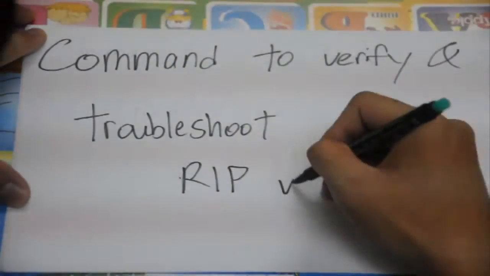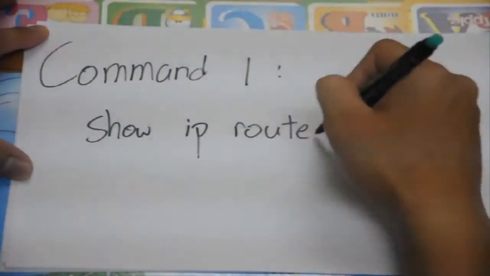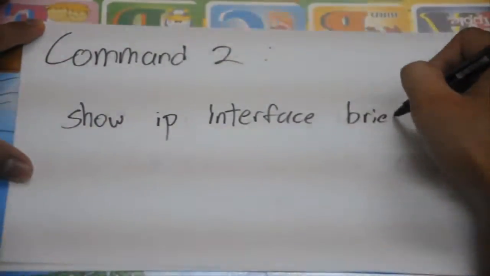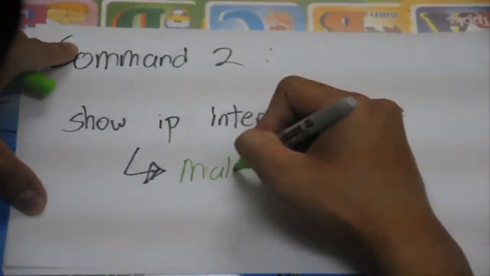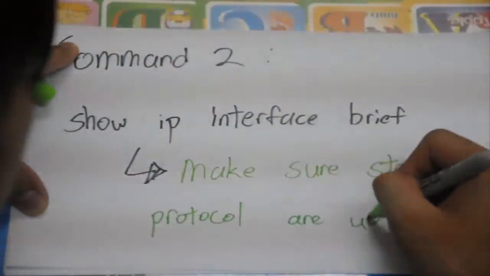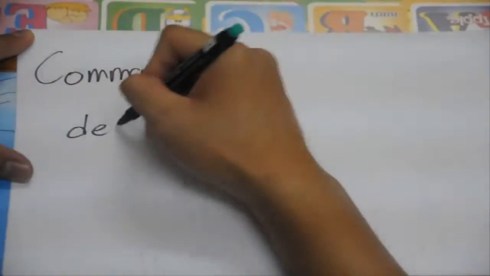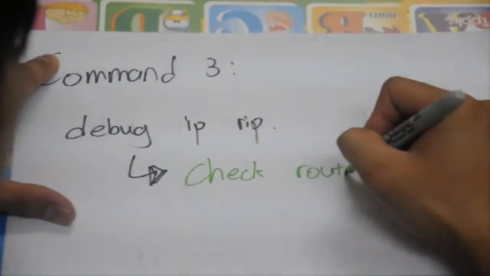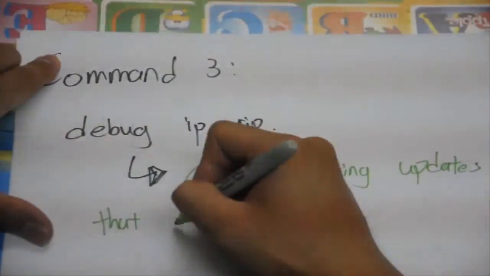Commands to verify and troubleshoot RIP version 2. Show ip route. Show ip interface brief. Make sure status and protocol are up. Debug ip rip.